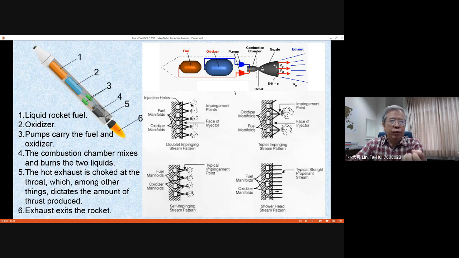For example, you have fuel droplets and oxidizer droplets, but they try to mix well, and therefore the combustion structure is more related to the so-called premixed spray flame. It is completely different from the so-called spray diffusion flame. And how do we make a good mixing for the liquid rocket engine?